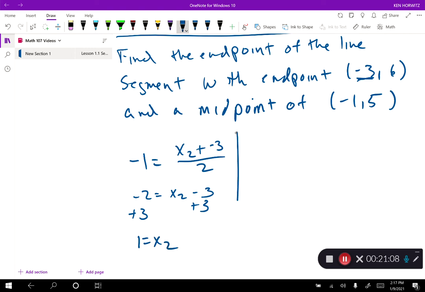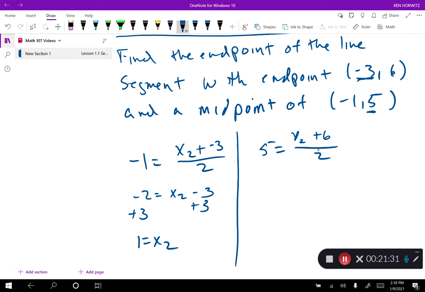All right, now let's try that same thing with the y values. So my y value in the midpoint is 5. So 5 equals, now I want to add up the two y values from my endpoints. So one of them I don't know. Remember, if the first one was x2, this is y2, plus 6, divided by 2.